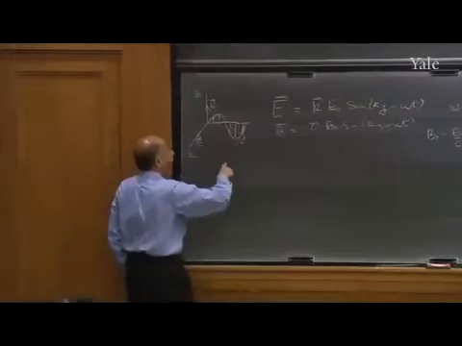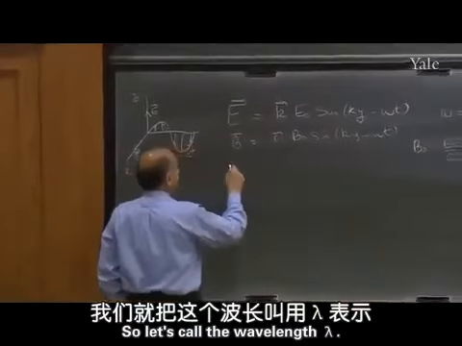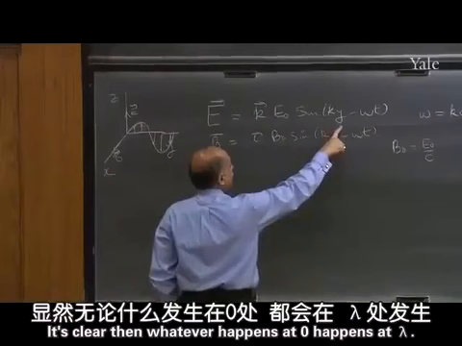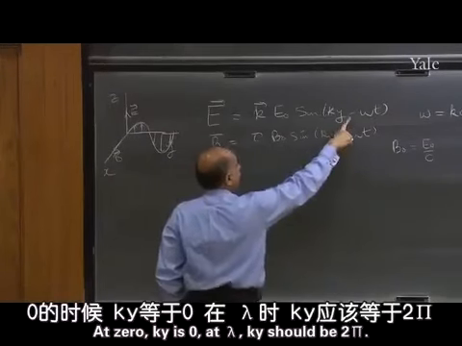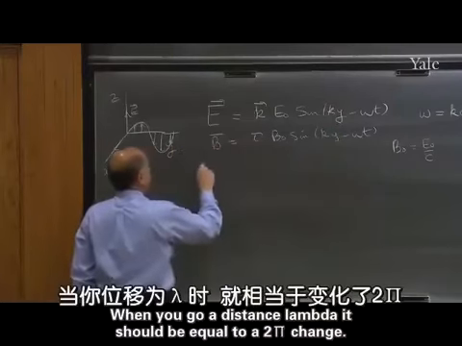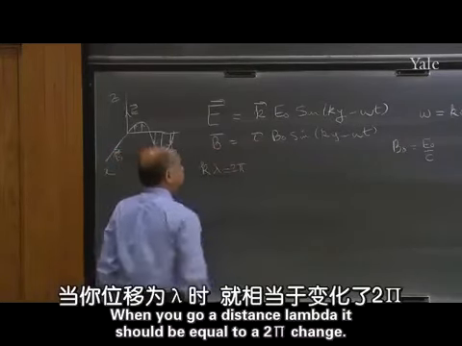If the wave looks like this, and E is going to point in that direction, you know that if you go a full wavelength, you come back to where you are. So let's call the wavelength lambda. It's clear then whatever happens at 0 happens at lambda. At 0, ky is 0. At lambda, ky should be 2 pi. When you go a distance lambda, it should be equal to a 2 pi change.